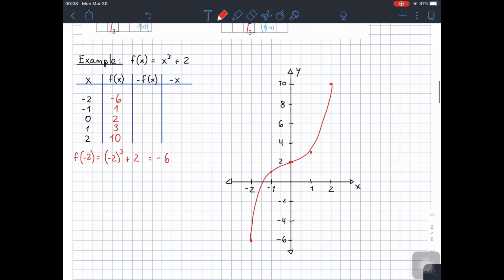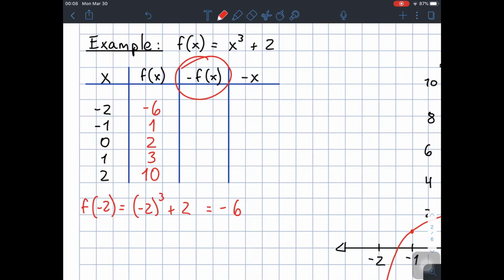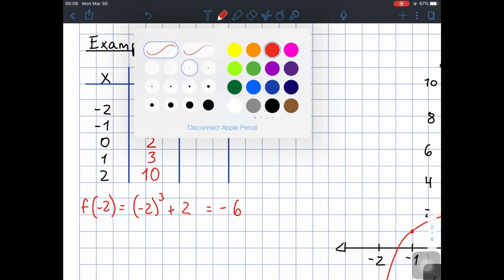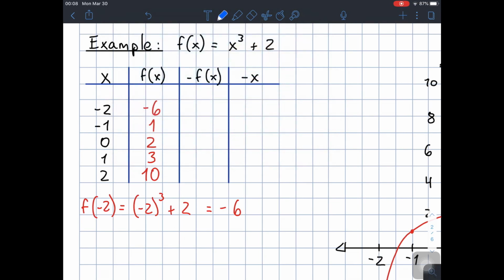Then we're going to build this function, which is minus f of x. What does minus f of x mean? It just means using the same values we got here, but changing their sign, putting a negative in front, okay? I'm going to do it with a different color. If, for example, this was negative 6, minus 6 would be positive 6, right?